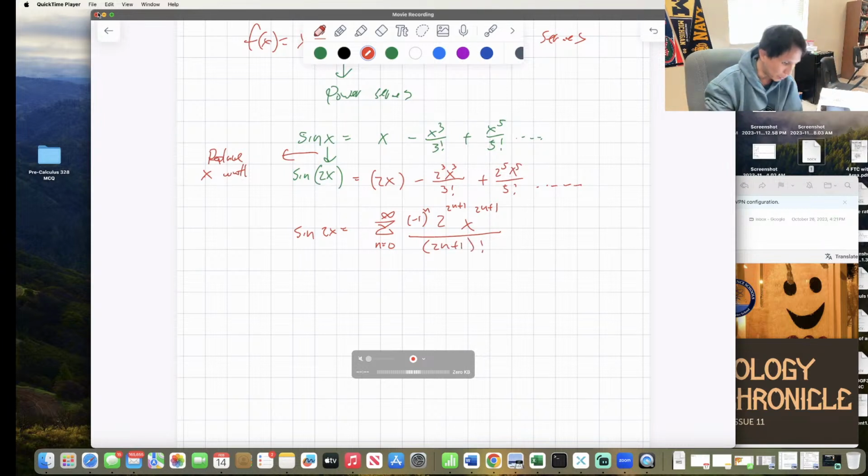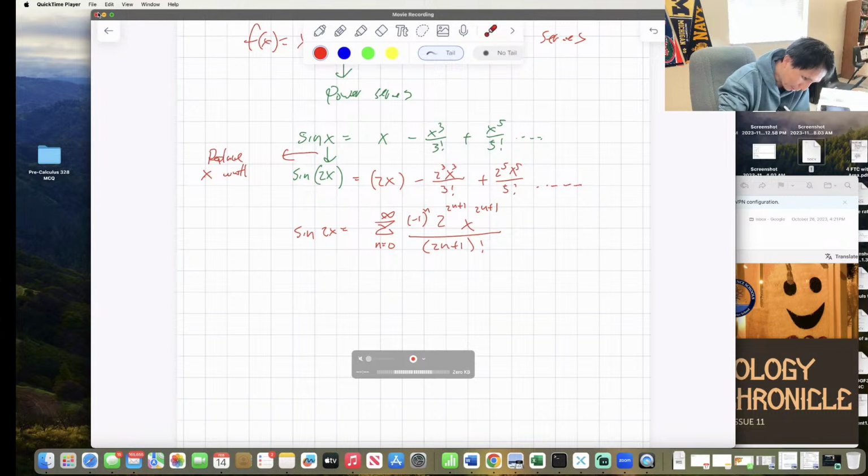So I basically replace, I'm going to say this again, I replace this x with 2x. That means every term where x is, I replace it with 2x. So I'm going to use that to write a power series.